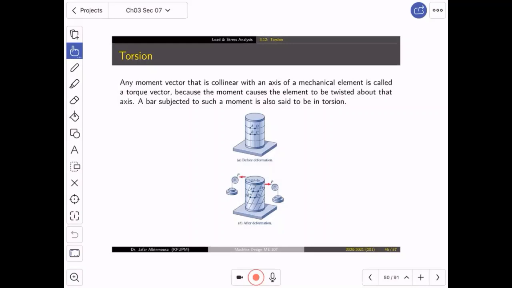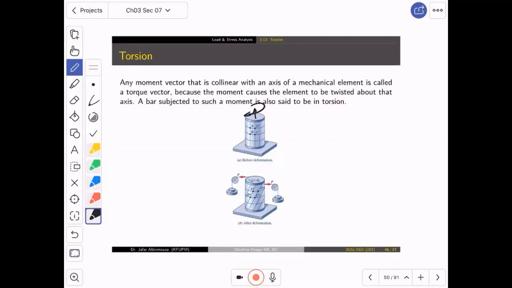Okay, Shabab. Today we are going to talk about torsion. We spoke about torsion in the past few lectures, and we said that torsion is usually applied by the application of a moment acting along the axial direction.